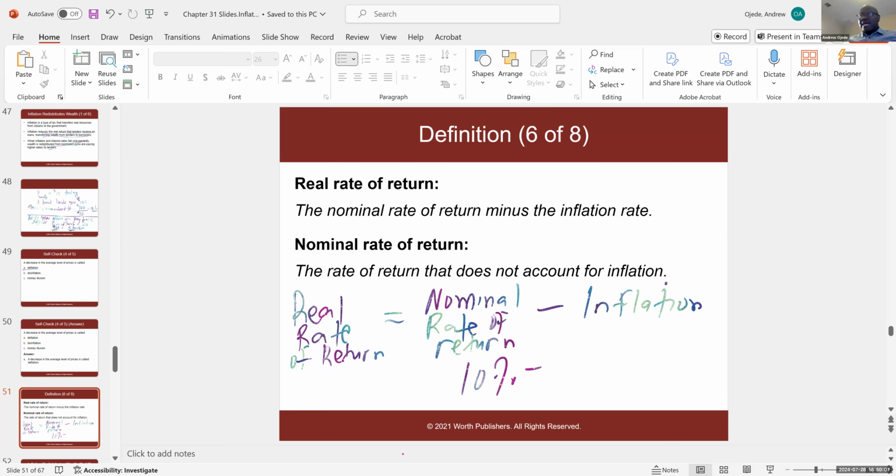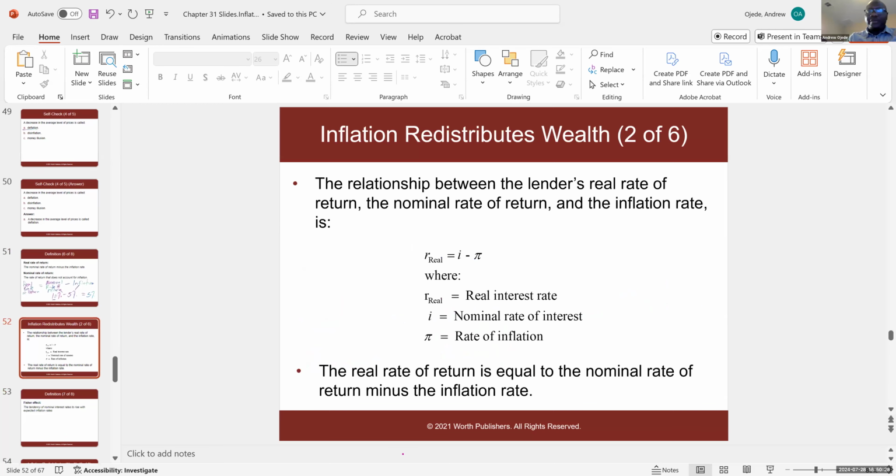That is not how much you're earning in real terms. Your real rate of return is going to be the 10% that the government is paying you on your investment minus any potential inflation. If inflation during the course of the year was 5%, then your real rate of return is only 5%. That's what it is. You have to account for inflation.